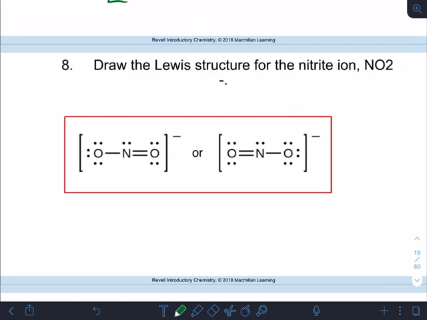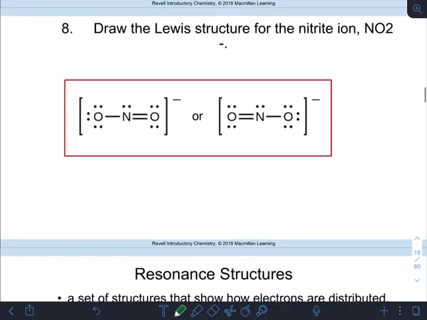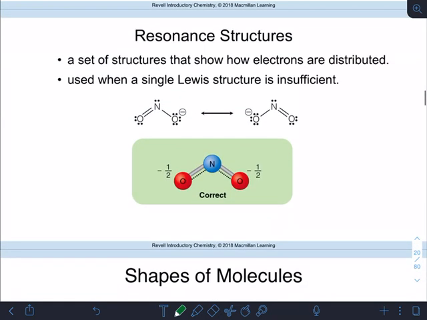Okay? So what this does is it brings up an interesting topic. Because both of these drawings, the left one and the right one, are exactly the same molecule. They're both correct Lewis structures. So what that means is that they are what we call resonance structures of each other. So we draw these Lewis structures so that we can keep track of how many electrons are in which place.